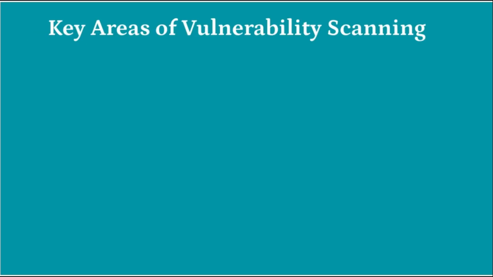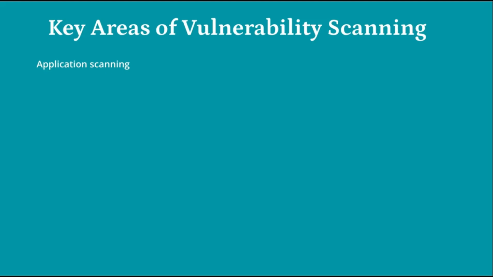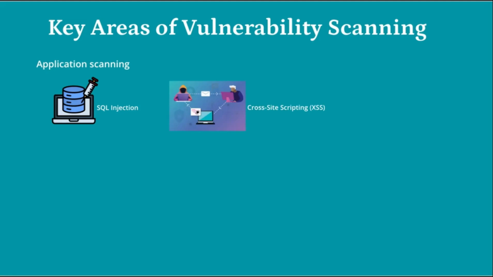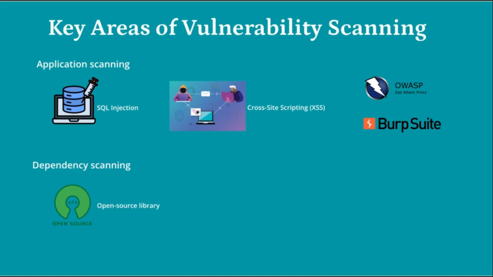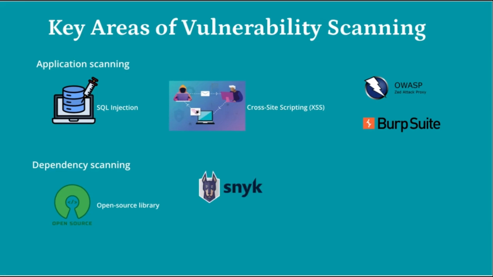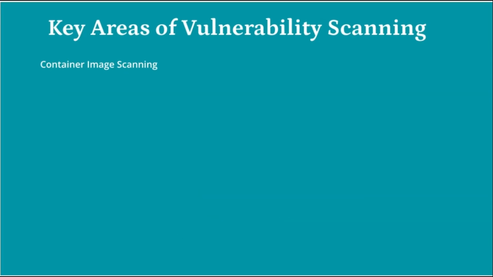Key components of vulnerability scanning. 1. Application scanning. Scans application code for common vulnerabilities like SQL injection and cross-site scripting, XSS, using tools like OWASP ZAP and Burp Suite. 2. Dependency scanning. Analyzes open source libraries for vulnerabilities using tools like Snyk and Black Duck. 3.